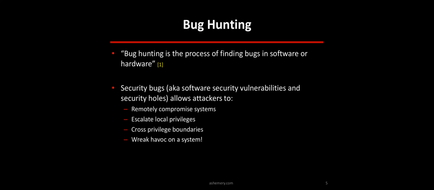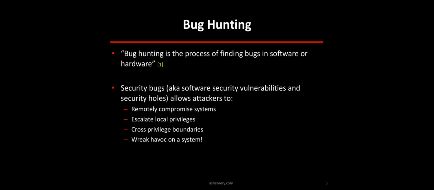It's still good, not saying it's bad, but we need to elevate our privileges. And here, what that means is we need to take our privileges or escalate them from one level to the other. So let's say you compromise the system, you gained normal user access, and you want to go up to administrator or maybe even system on a Windows machine, or root on a Linux machine. So that's escalating local privileges.